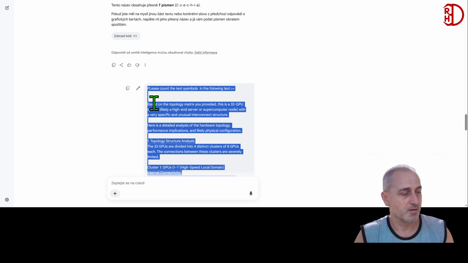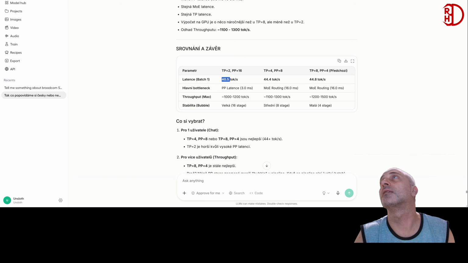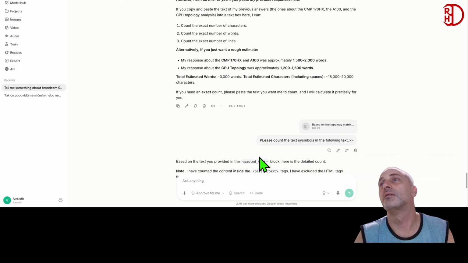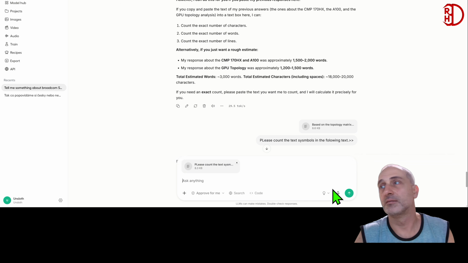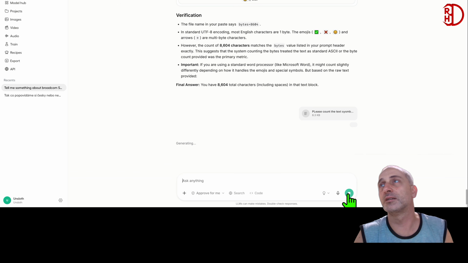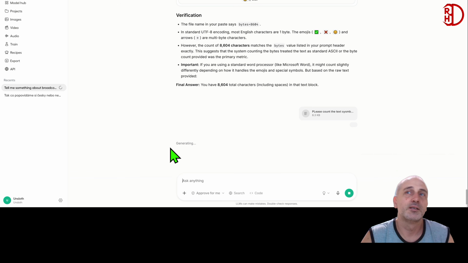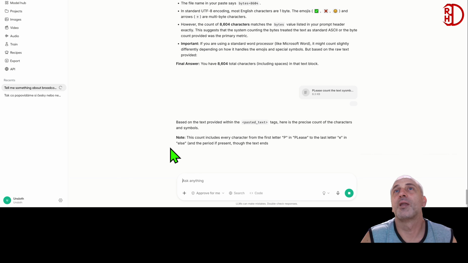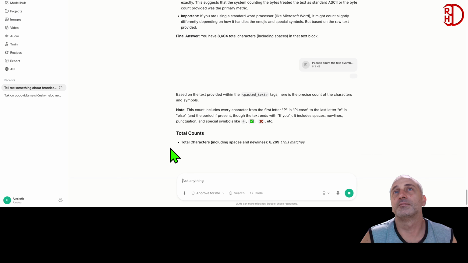So, control copy and Kimi. Show me. You see it's smaller, like 200, 300 bytes smaller. So we will see.